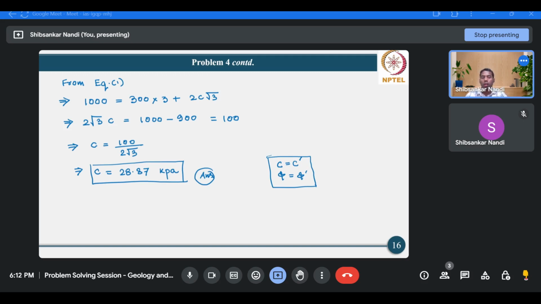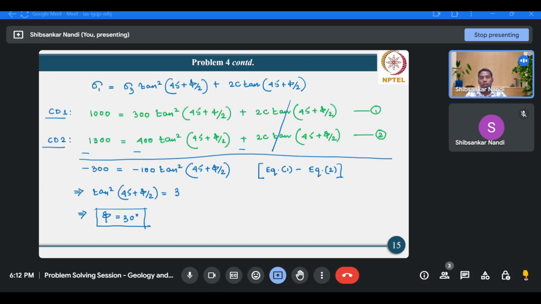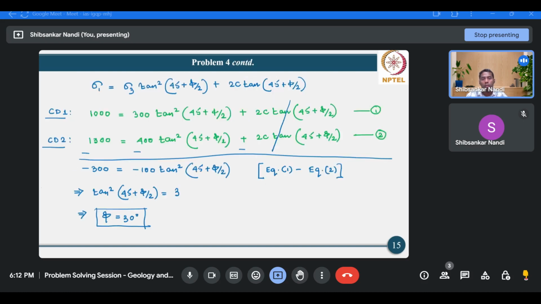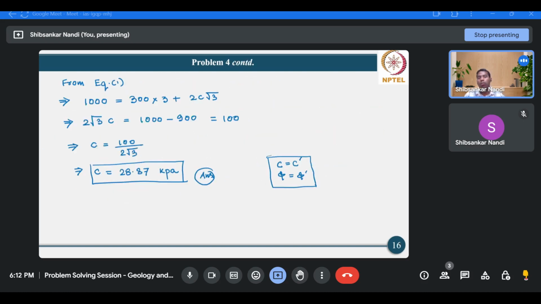Since for this test the drainage valve is open in both the phases, consolidation as well as the shearing phase, there will be no excess pore water pressure developed inside the sample, and total and effective stresses would be equal. So whatever cohesion and friction angle we get by performing this test will be solely the drained shear strength parameters.